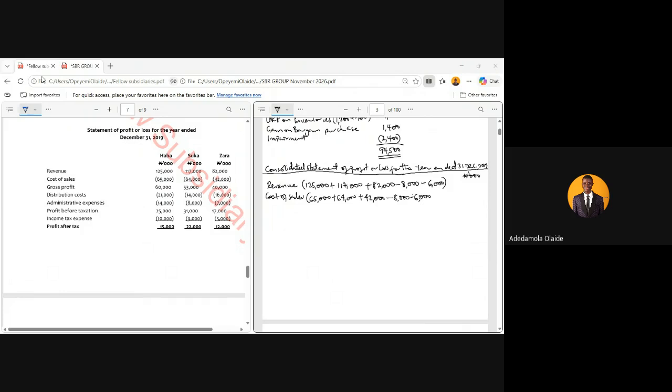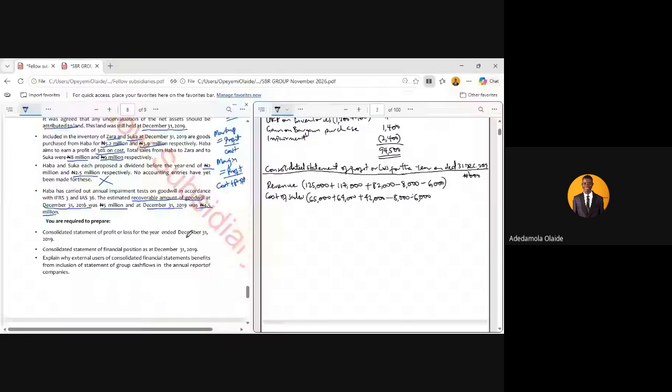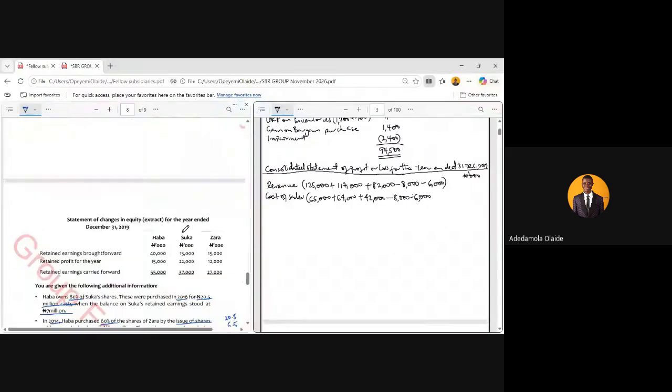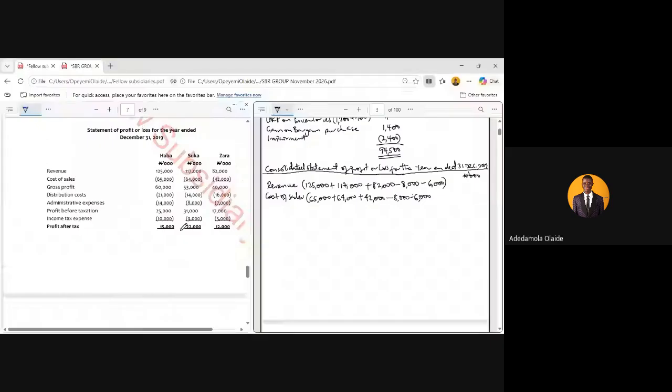Okay, so having done all of that, we move to the next thing, which is to now start the consolidation process. We start with consolidation of the statement of profit or loss, as requested in the requirement of the question. We've already explained that consolidation is adding line by line item.